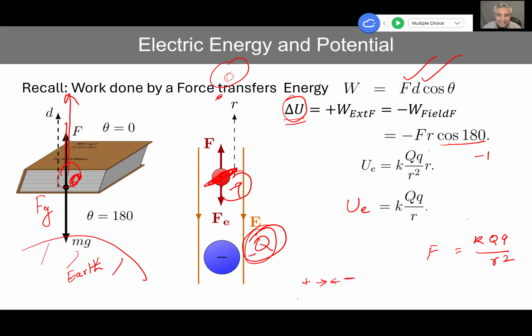But energy is a scalar quantity, so a more negative number is smaller than a less negative number. What do I mean? For example, negative 10 joules is smaller than negative, let's say, 1 joule. Why? Because this is more negative, meaning smaller.